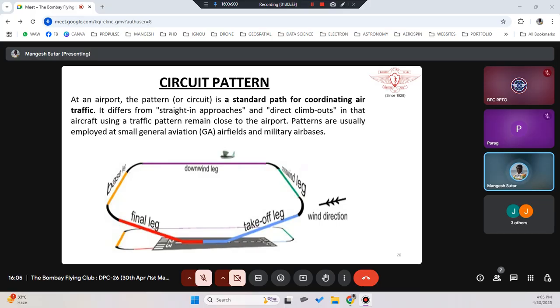Now, if you see from a commercial part, half of this part would be from the same airport, whereas the other half, the base leg and the final leg, could happen at a different airport, in commercial airlines.